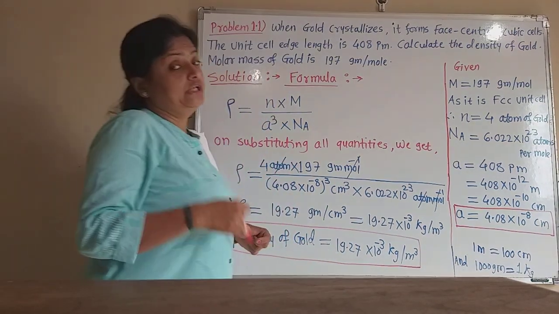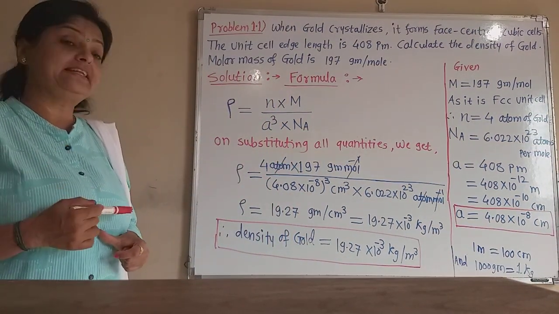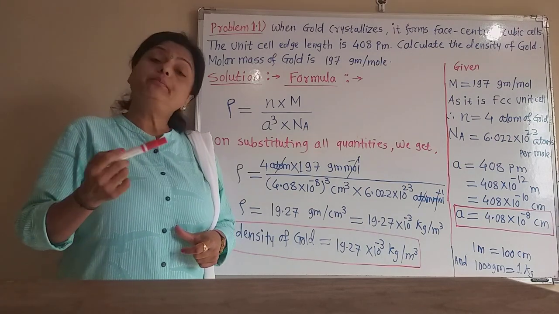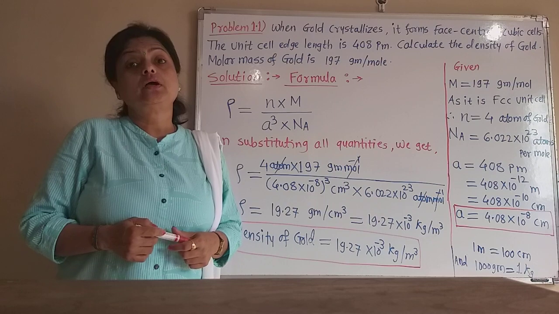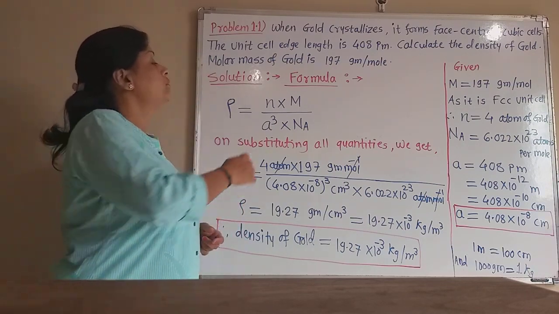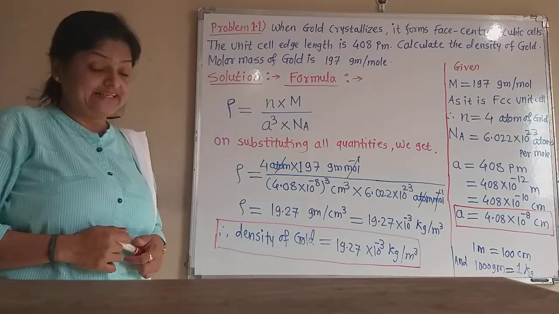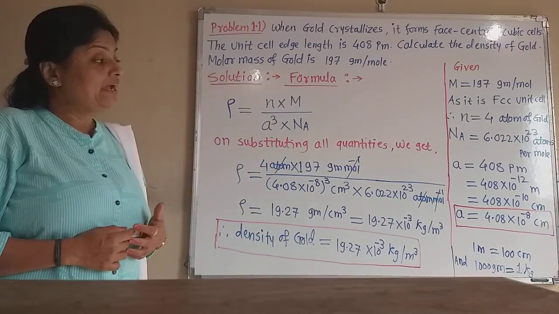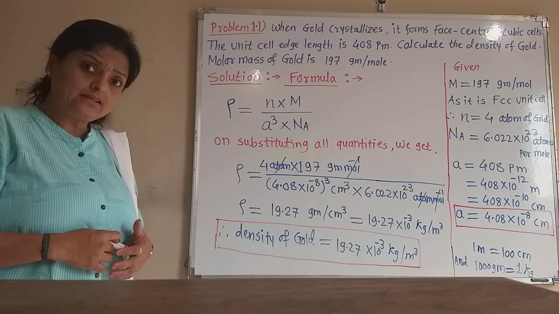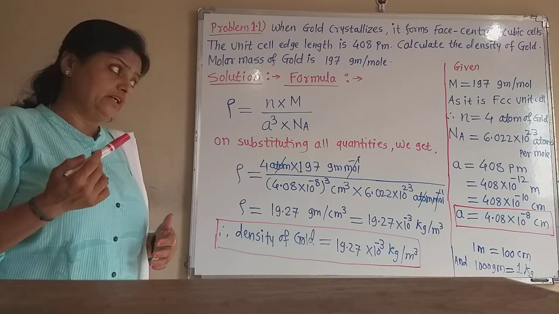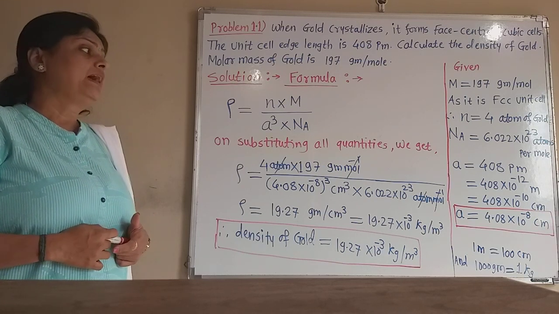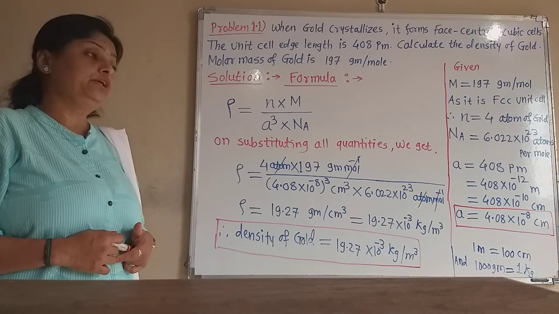The edge length is given, and that is 408 picometer, that is equal to 408 into 10 raised to minus 12 meter. If we want this edge length in centimeter, then multiply by 100, because 1 meter is equal to 100 centimeter. Why do we take the edge length in centimeter? Because here the molar mass is given in gram, that is the CGS unit. So we have to convert the edge length, which is in picometer, into meter, 408 into 10 raised to minus 12 meter, and then meter into centimeter.